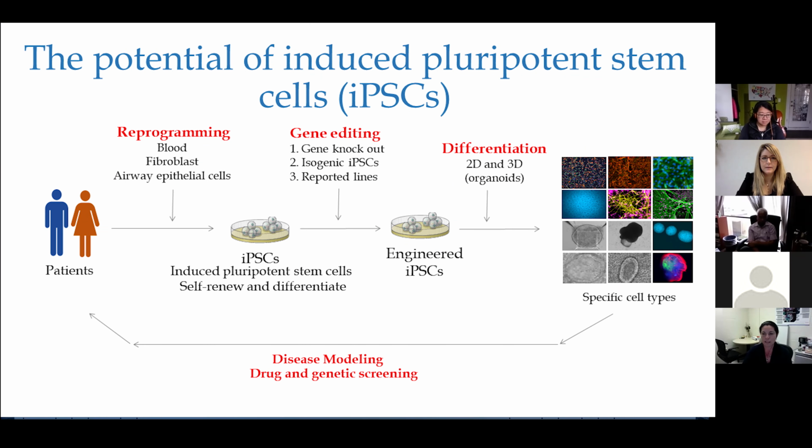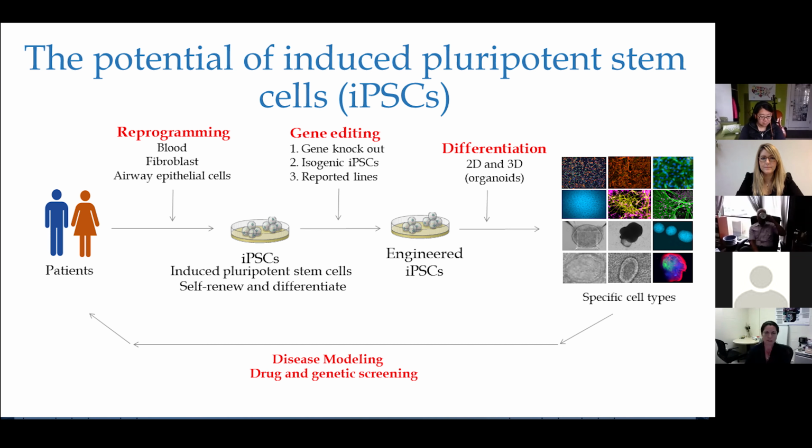So this slide summarizes what we do. We basically take samples from patients and reprogram those to make induced pluripotent stem cells. Induced pluripotent stem cells are cells that are similar to embryonic stem cells, meaning they can differentiate into different cell types, and they can self-renew.